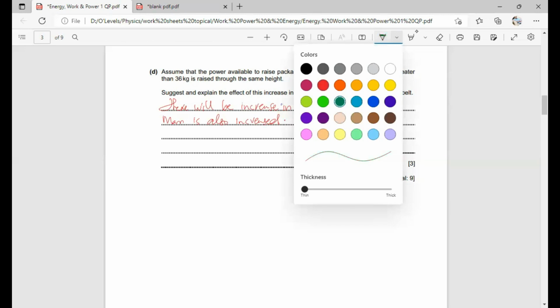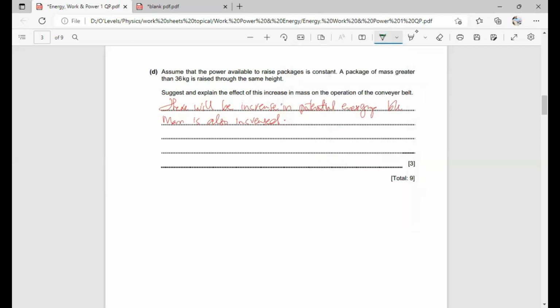The second reason will be more power is required to raise the heavy mass.